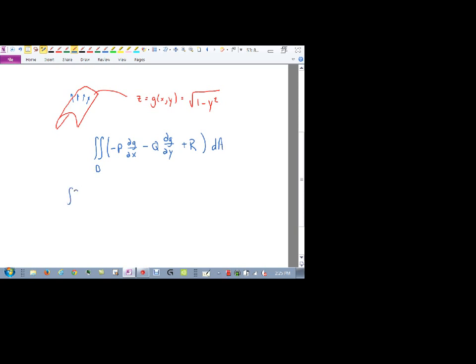All right, what is negative P? Negative x squared. What's partial g with respect to x? 0. There's no x. Minus, what is Q? y squared. What's partial g with respect to y?